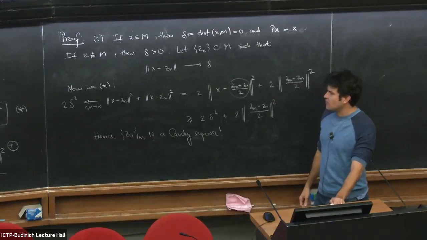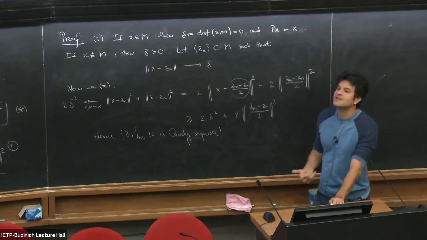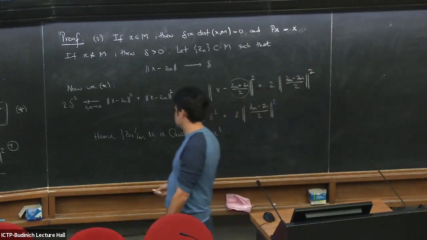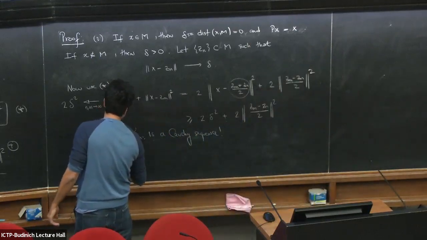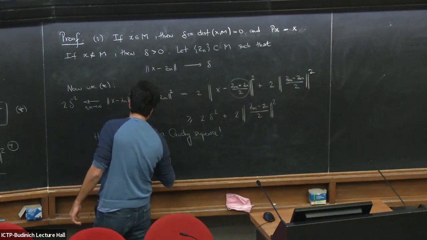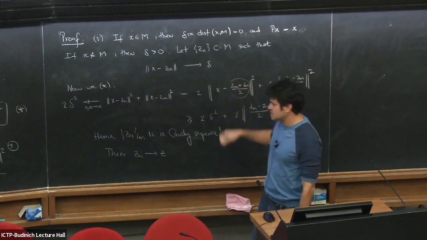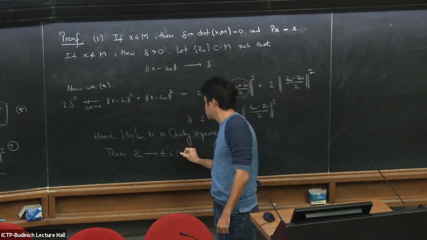Okay? Now, if this is a Cauchy sequence, and remember, we are in a Hilbert space, which is a complete space, then this Zn converges to a certain Z. And because your set is closed, this Z has to belong to the set.